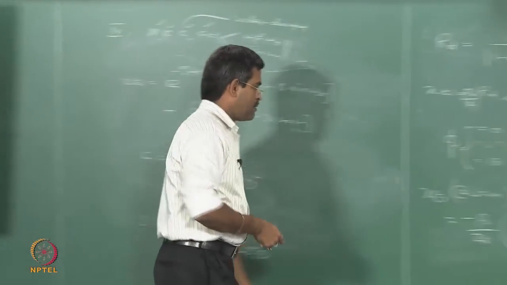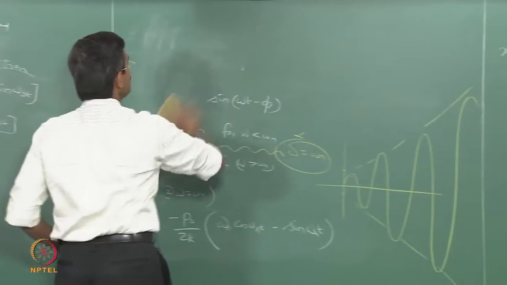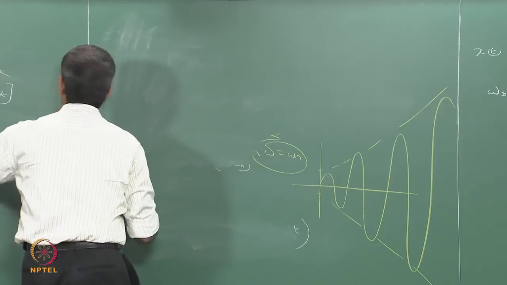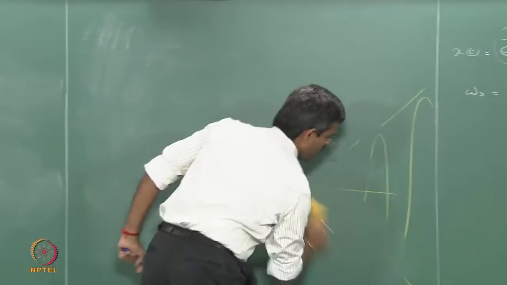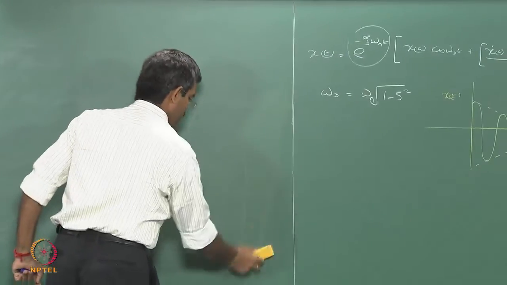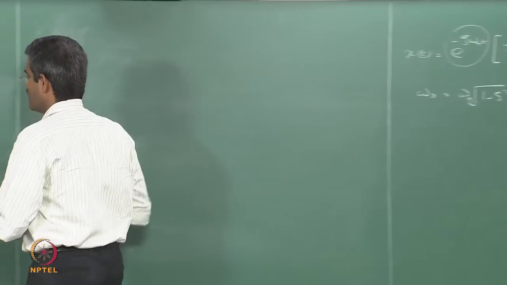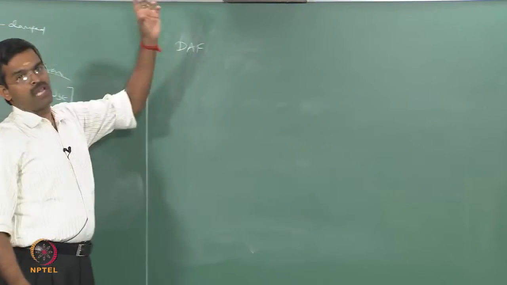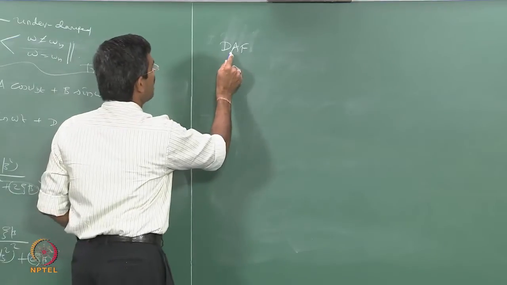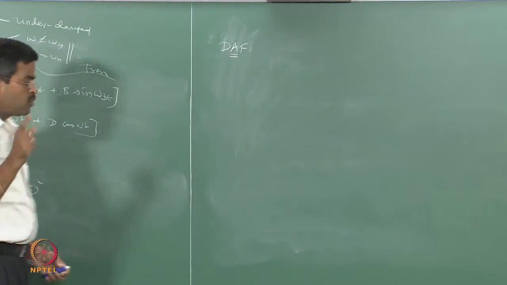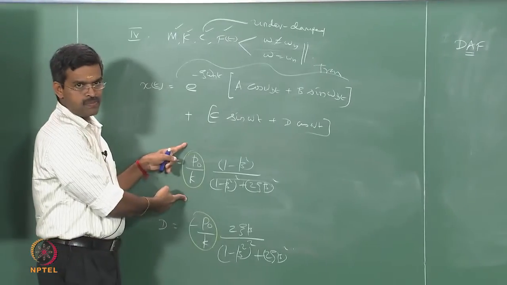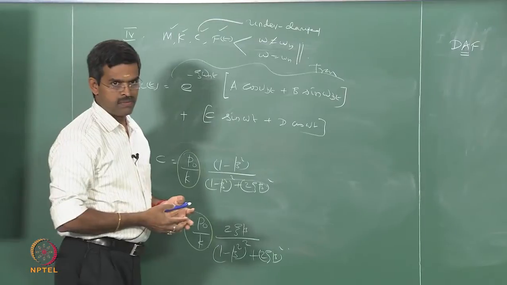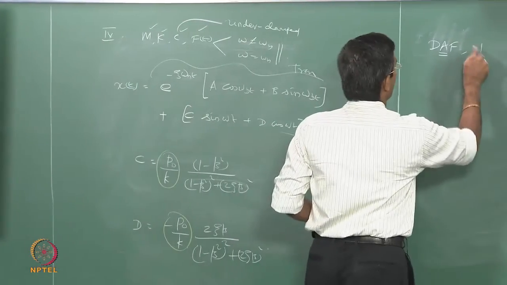Okay, we made a phasor diagram for this and understood D as a resultant of the components of cosine and sine, and we wrote this expression which we already derived in the last lectures. So, the dynamic amplification factor or dynamic magnification factor, please understand the term amplification is only applied to the static response. Okay. So, you are magnifying the static response. So, it is again given by D.